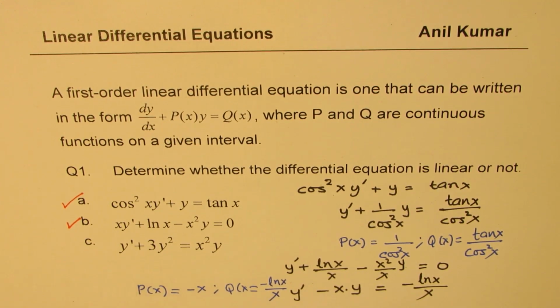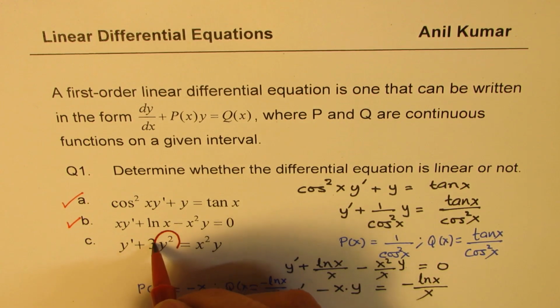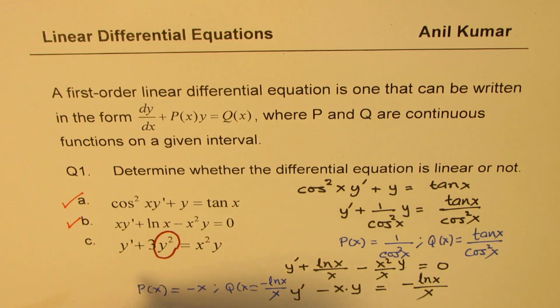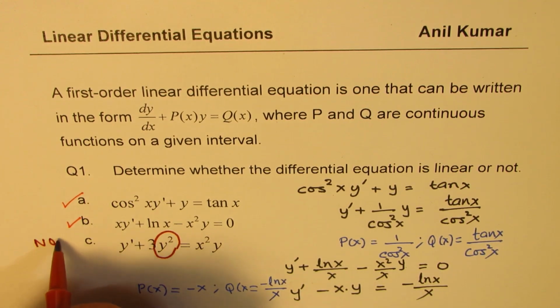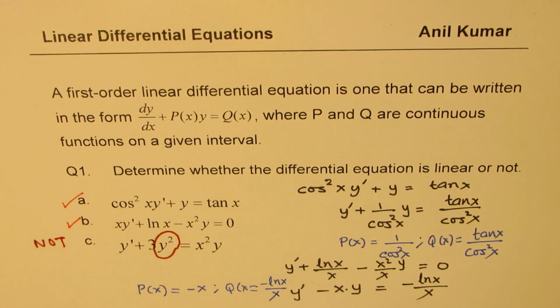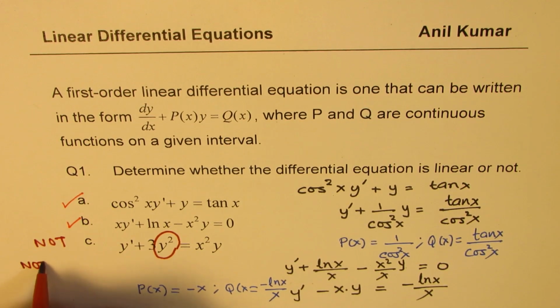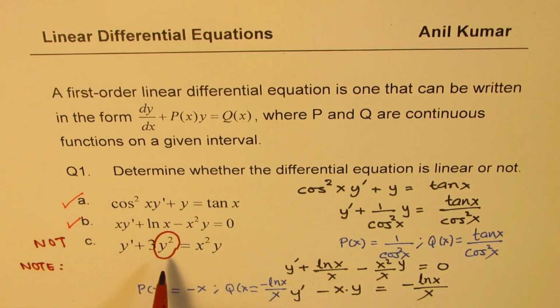Now how about C? In C, what you notice here is that we have the term y square, right? So that means it is not. Correct? So that is the first thing you notice, and straight away you can say that it is not. So from here I can actually add a note to our understanding of how to identify, right?